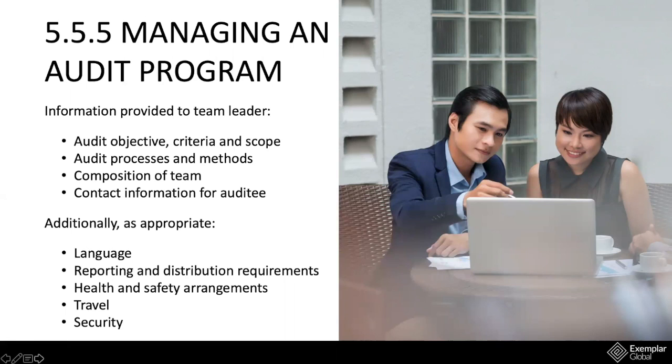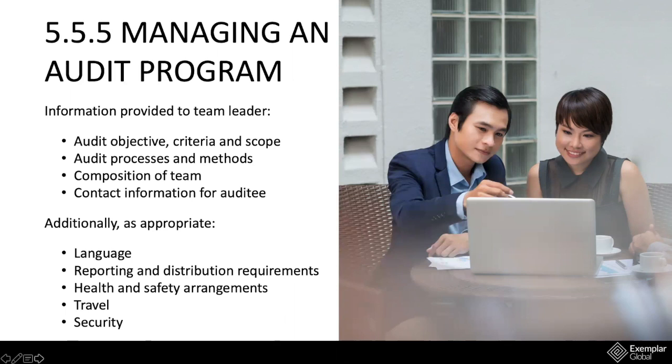You want to make sure that everyone's clear on the reporting and distribution requirements. It's particularly important in a joint audit. Health and safety arrangements need to be made prior to the audit. It could be as easy as making sure that people are advised whether or not they need to bring their own steel-toed shoes, or if the audit's being conducted in an area where someone has to get their shots before they come into the country.